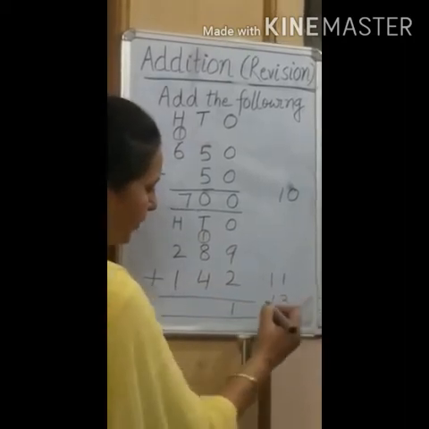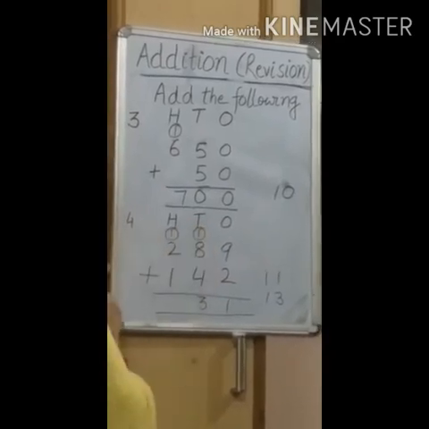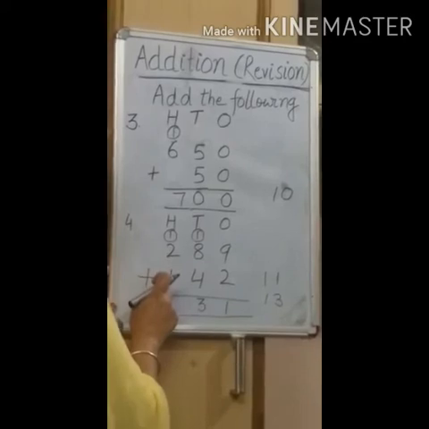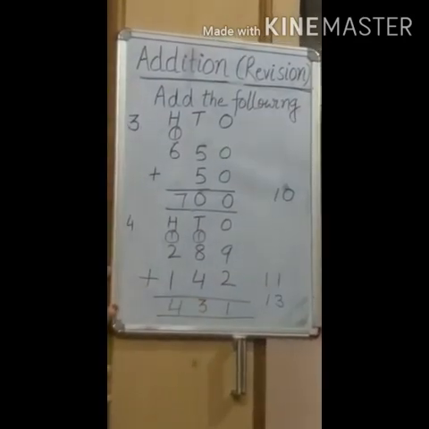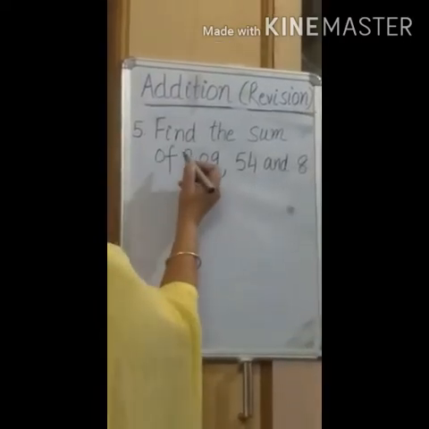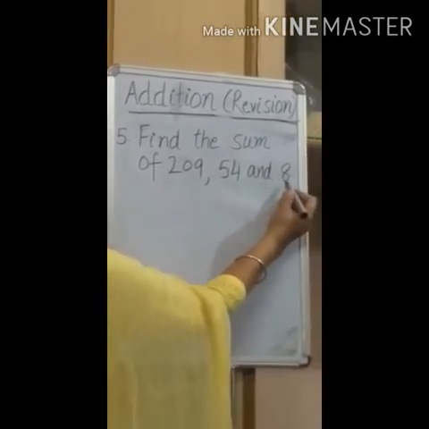So out of 13 we will put 3 here and 1 will go in the hundreds column. Now we will add 2 and 1. 2 and 1 is 3. 3 and 1 is 4. So our answer is 431.